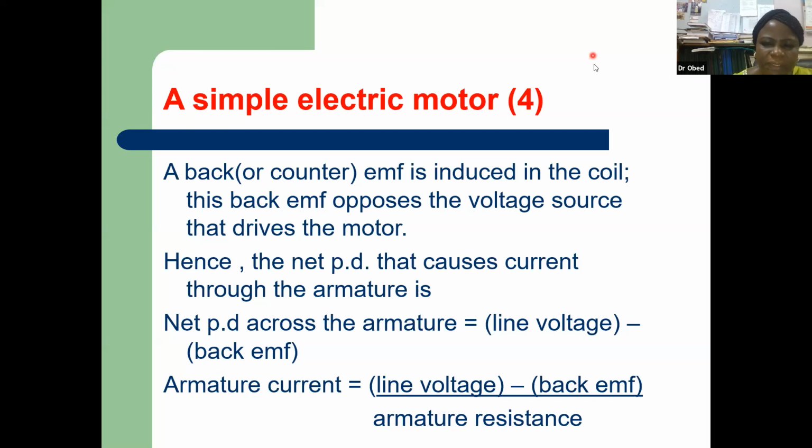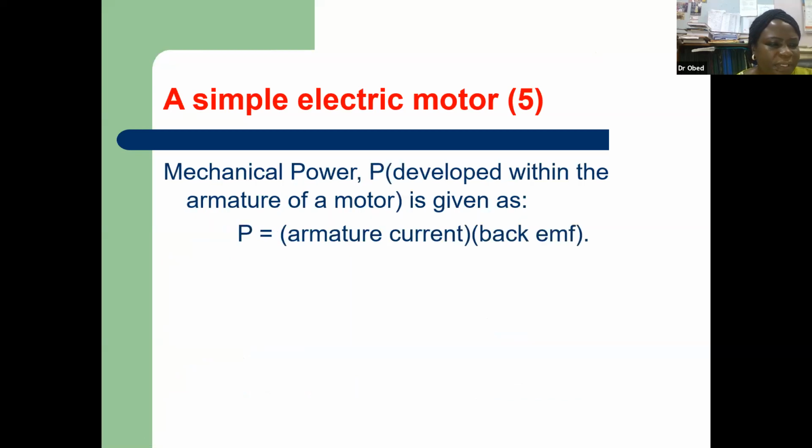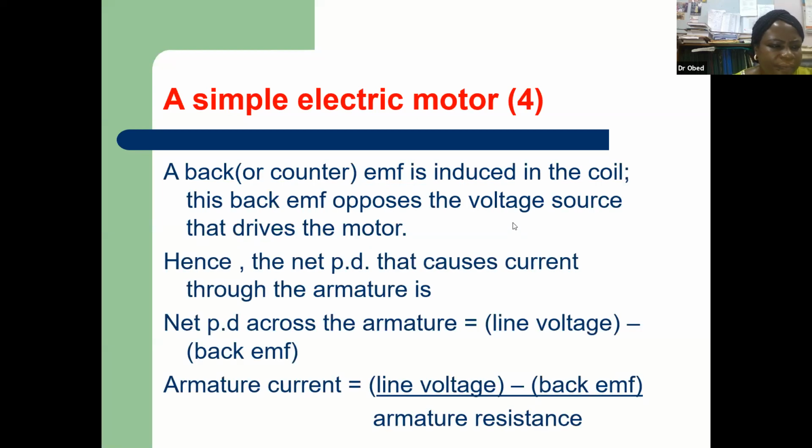Go to the next slide, just reviewing this. So the current is equal to the net voltage, either net PD or net voltage, over the armature resistance.